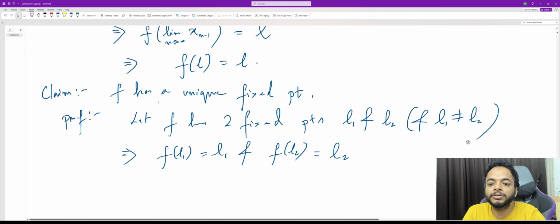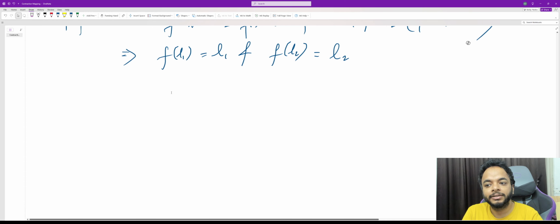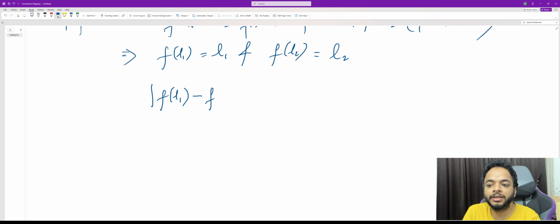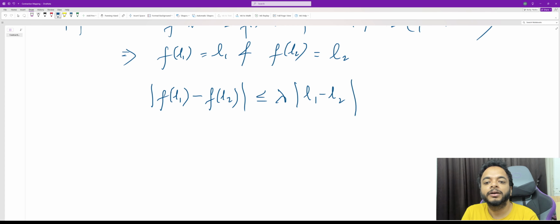Now look at the given condition again. Starting with mod of f of L1 minus f of L2, by the condition this will be less than lambda times mod of L1 minus L2. But f of L1 is L1 and f of L2 is L2.